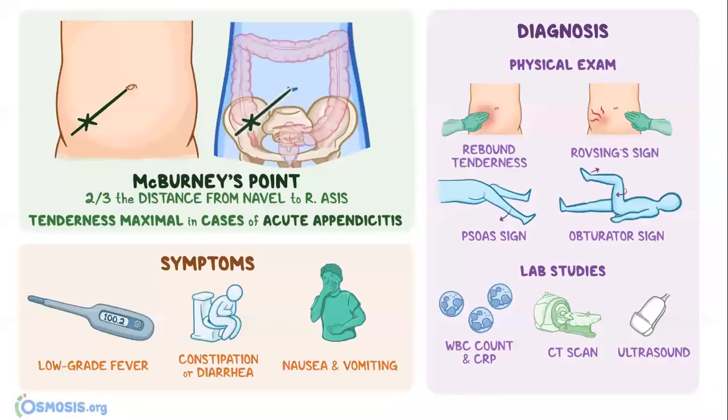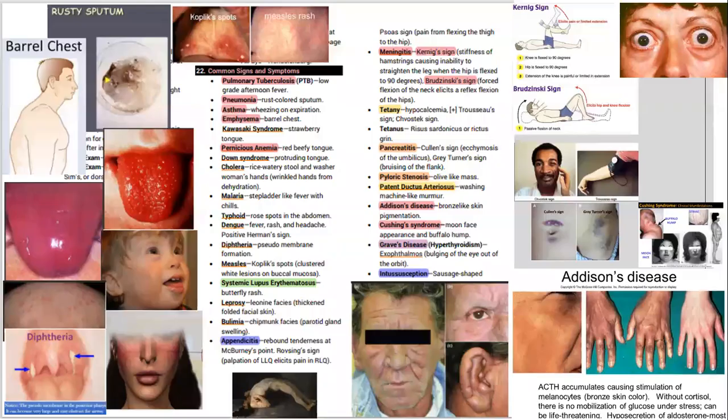You see the color accumulated, causing stimulation of melanocytes, bronze-like skin, a characteristic feature of Addison disease.